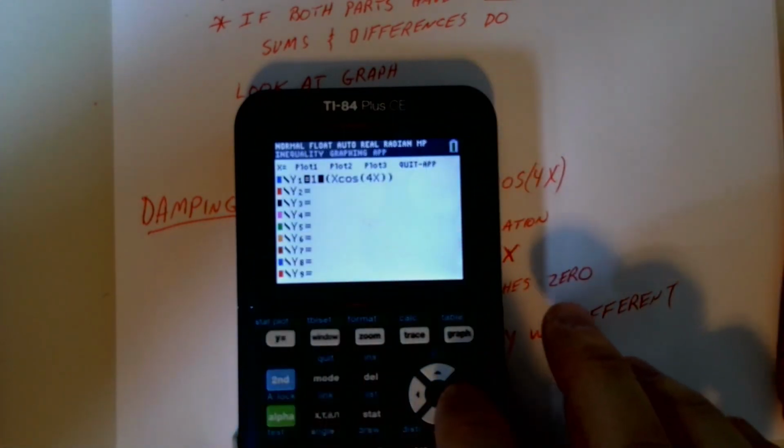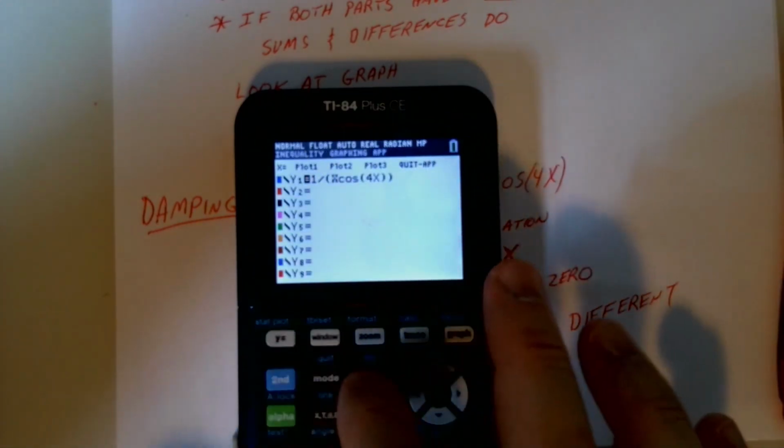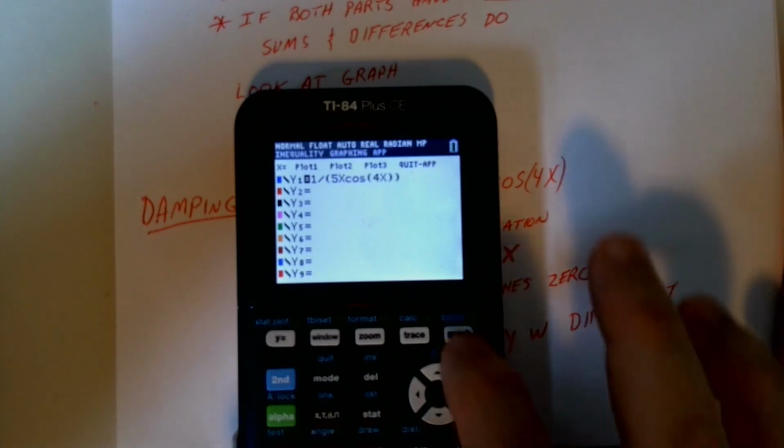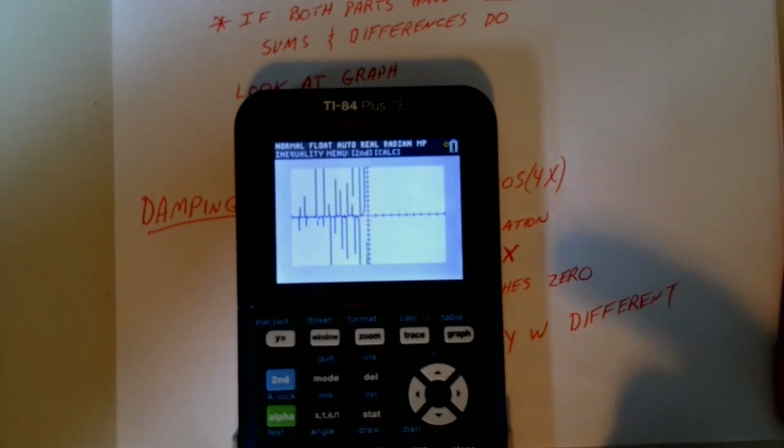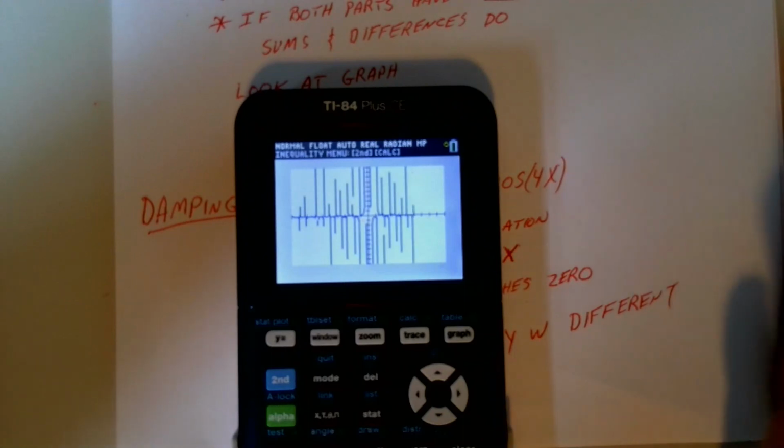And also, if I wanted to put this in here, second function, insert maybe a 5 in front of that, and look at that same graph. And you can see now that even my calculator, I can't imagine what it's like on an 83, is starting to have issues with these things. It can't plot all of those different points.